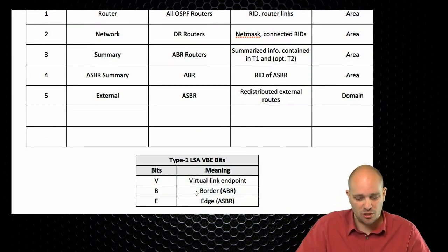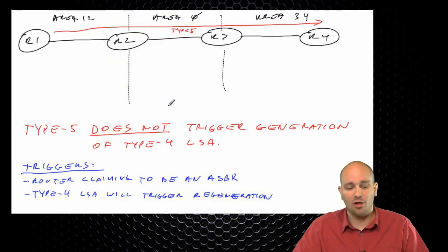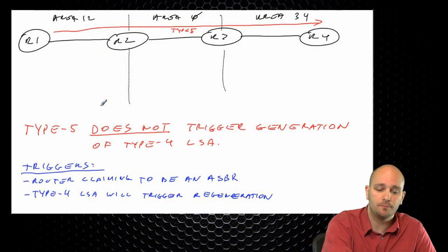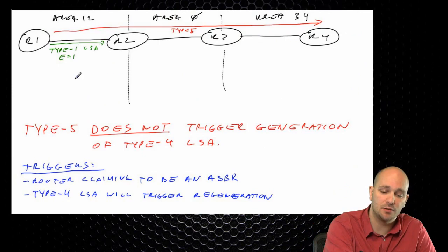The B bit is going to be set on all the routers that perform border functions, and there is this E bit, or the edge bit. So when the router claims to be an ASBR, it is actually going to be R1 here sending information in type 1 LSA with the E bit set to 1.